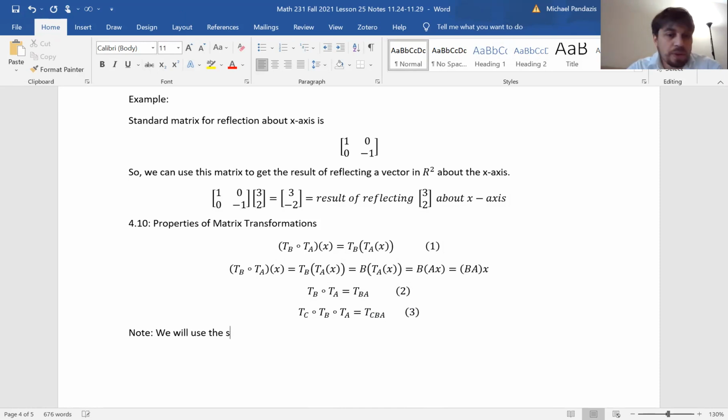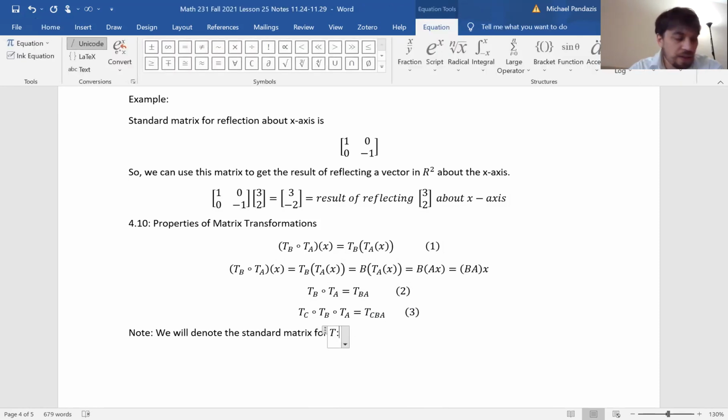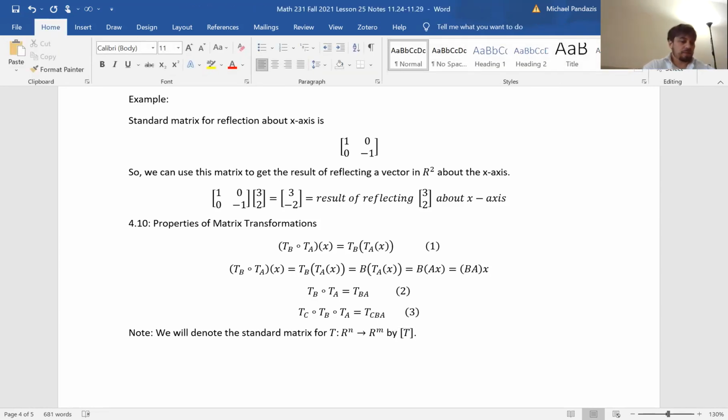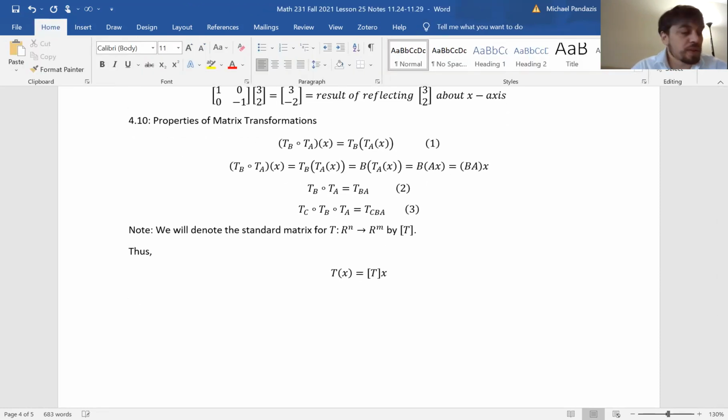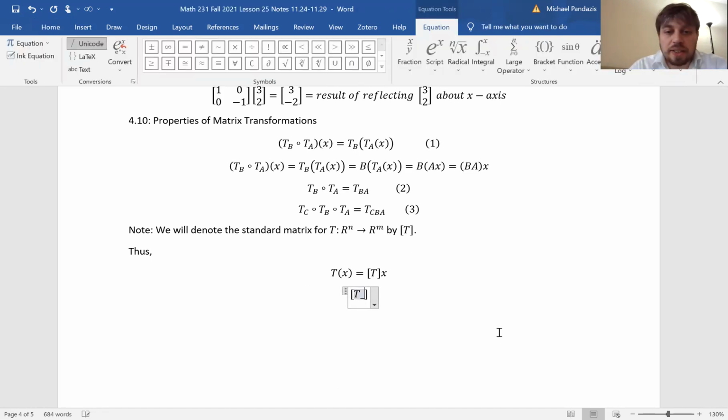Okay, so note, we will denote the standard matrix for transformation T from Rn to Rm by a single bracket T. Thus, T of X is equal to bracket T X, left multiplication by the standard matrix for T. So the standard matrix for T2 composed with T1 is equal to the standard matrix for T2 times the standard matrix for T1.